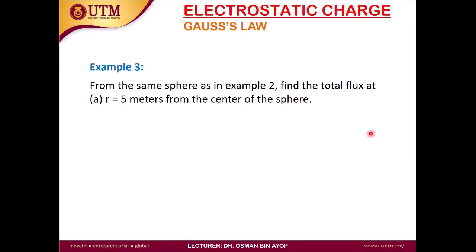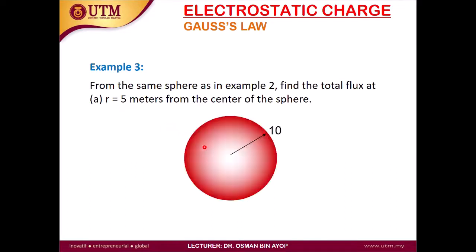Now, the question asks you to find the total flux at r equal to 5 meter from the center of the sphere. This is our sphere and our rho s is there, and we want to find at r equal to 5, which is inside our sphere.